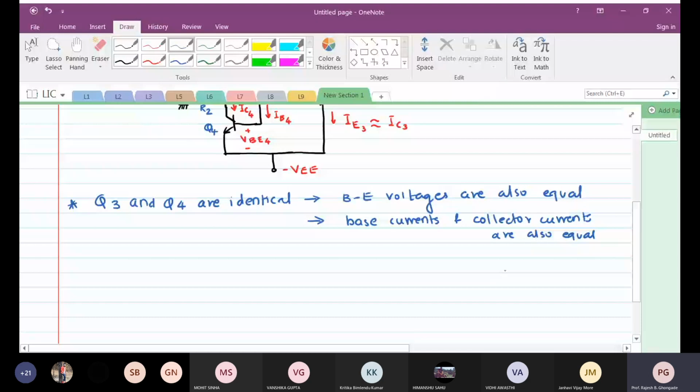So writing it mathematically, VBE3 is equal to VBE4. Similarly, IC3 is equal to IC4. Similarly, IB3 is equal to IB4.